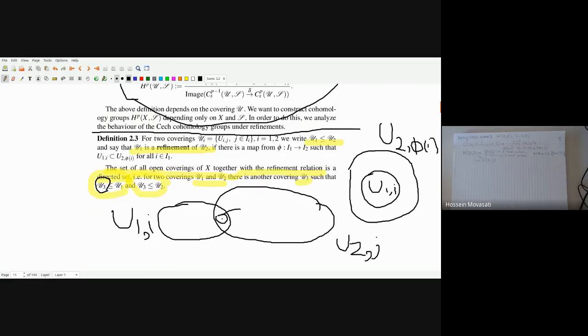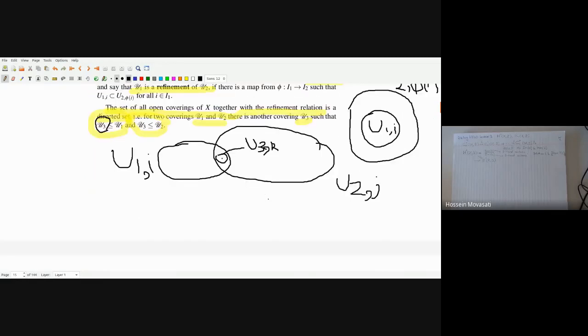So this will be U3, K, and the refinement map will send K to I and K to J. This is a nice exercise in basic topology.